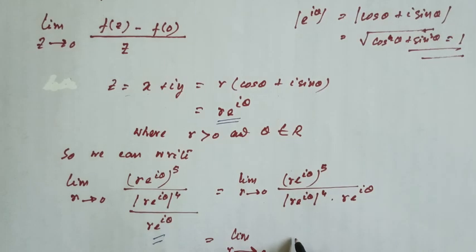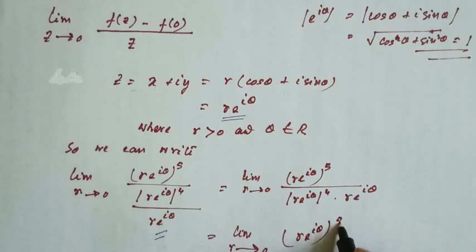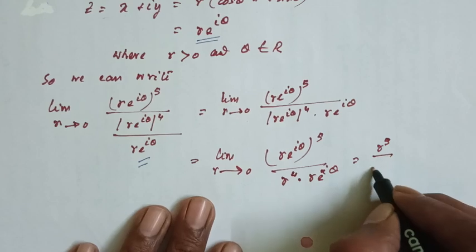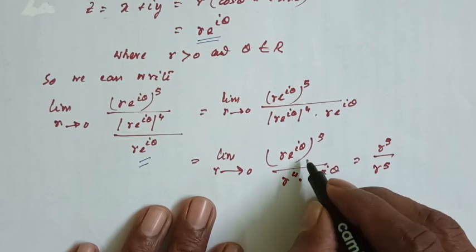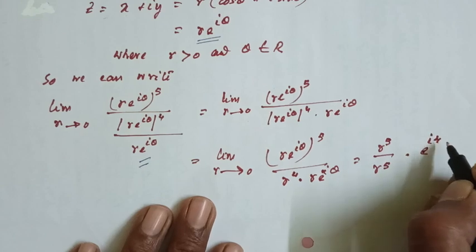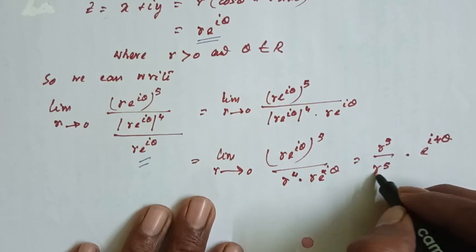So we can write r e^(i theta) over r^4 over r e^(i theta). Basically what we get is r^5 over r^5 and here e^(i 4 theta). This cancels out.